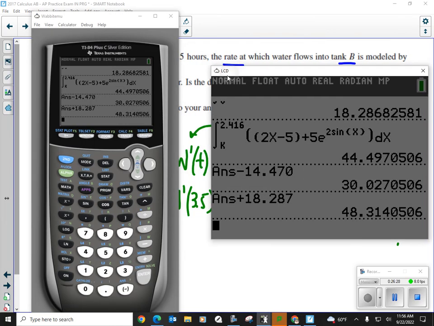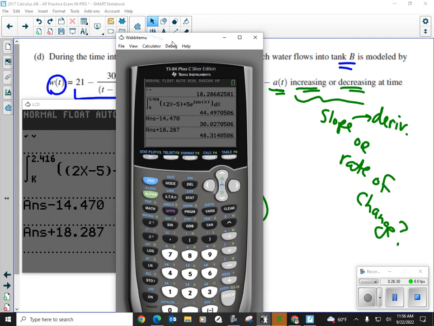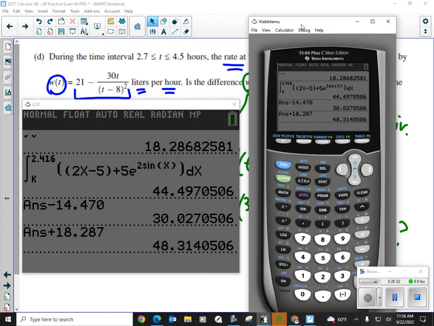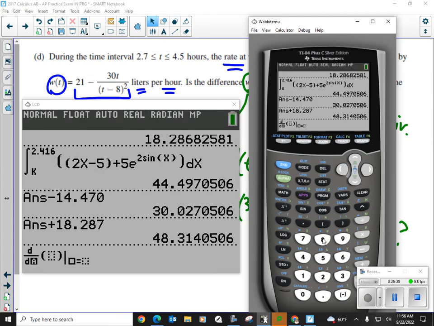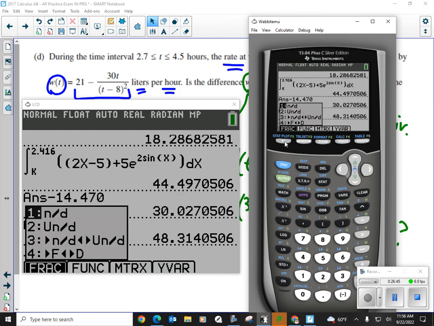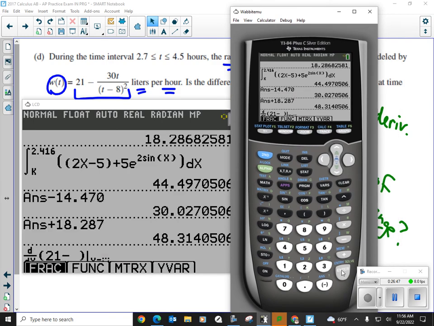All right, W is new here, so I'm going to move this here so I can see the W function. That's underscored in blue. Math 8, my x variable, alpha y equals, enter.